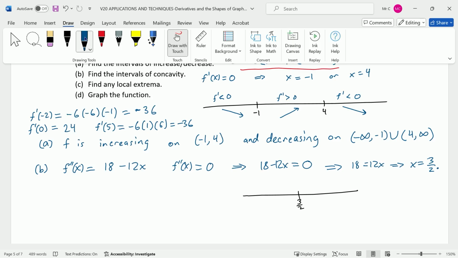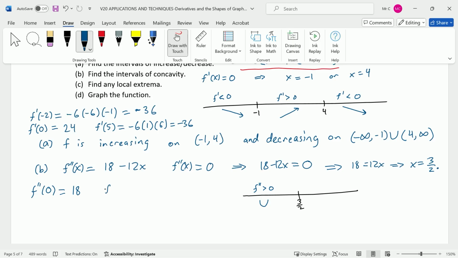And now we just need to check our second derivative at a point on either side of 3 halves. So we'll start with, how about f double prime at 0? That's a nice easy one. That's going to be 18. So that tells us that f double prime is positive on that interval, and if f double prime is positive, we get concave up.